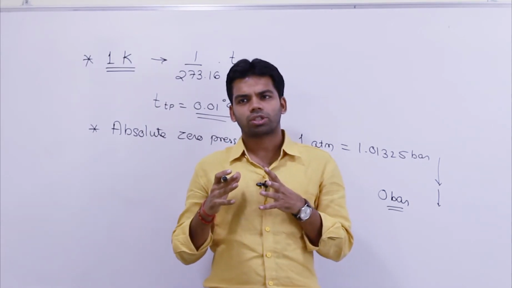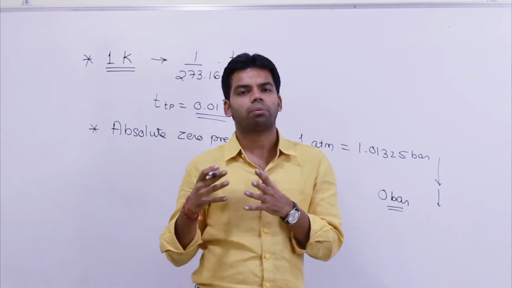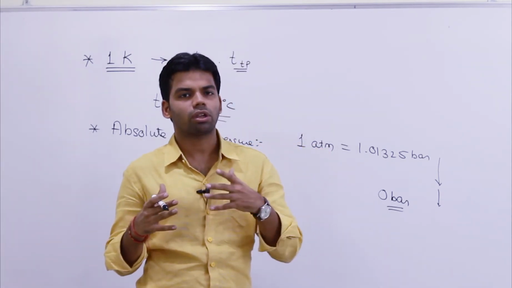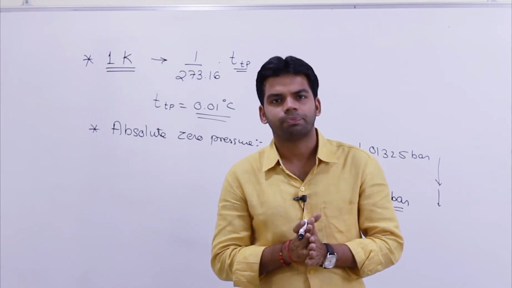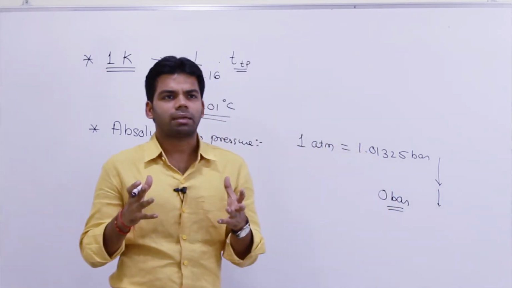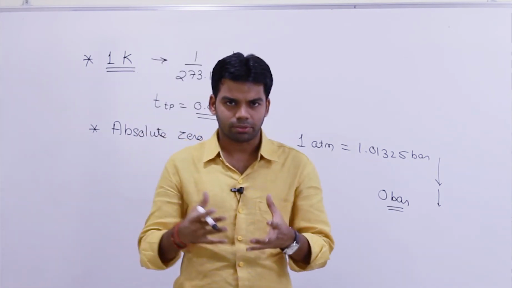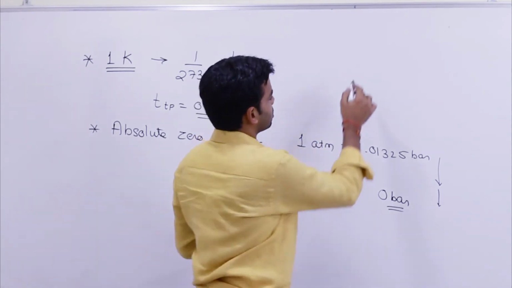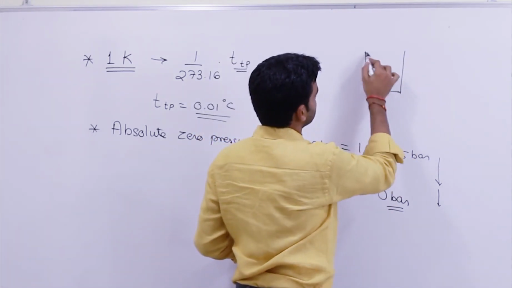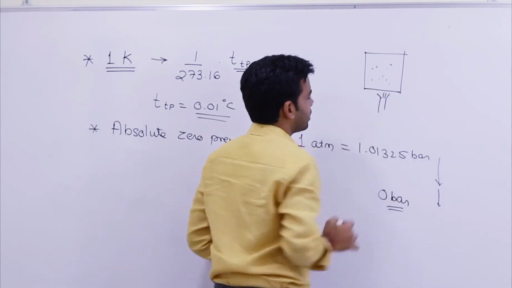And how can we define absolute zero pressure? Absolute zero pressure is dead pressure where molecular momentum becomes zero. That particular pressure, where molecular momentum is zero, is the absolute zero pressure. What will happen at constant volume if I am increasing the temperature? Suppose we have a constant volume flask with air inside, and we are increasing the temperature.